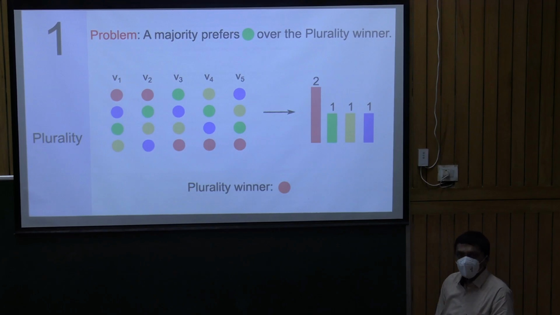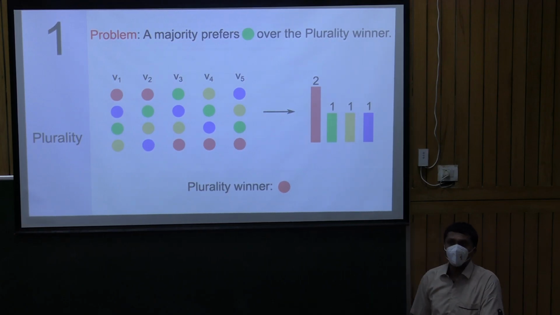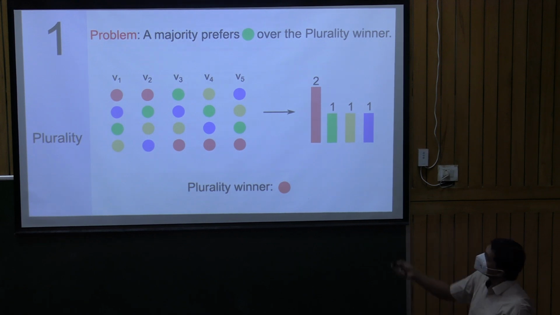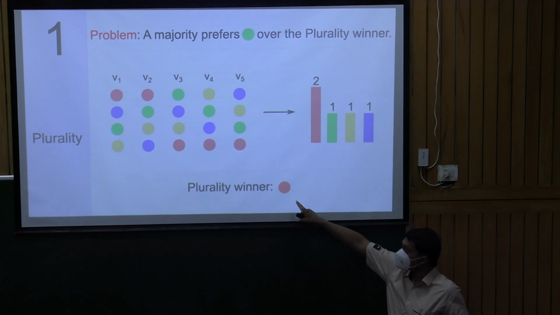So plurality is very nice, very easy to understand, but it has a problem, which I think was observed by someone: a majority of people might actually not like the plurality winner. They might like someone else over the plurality winner. For example, the plurality winner in this election is red.